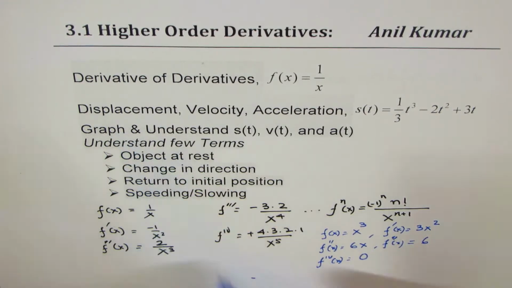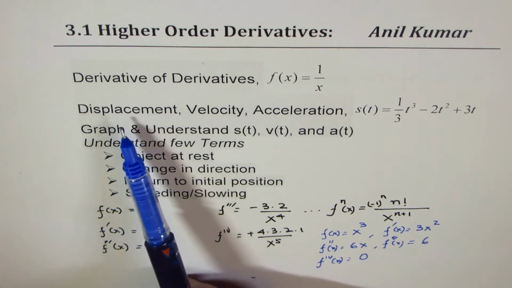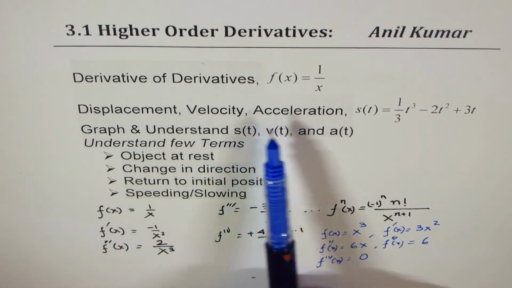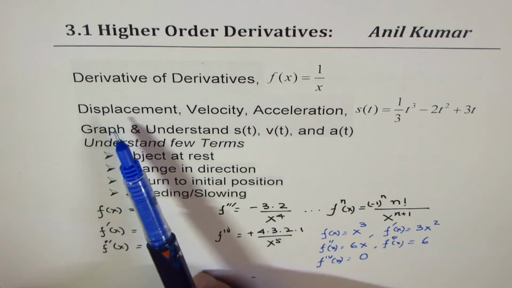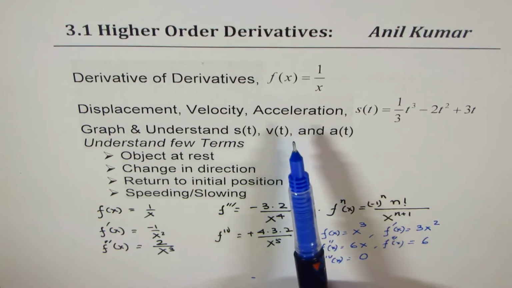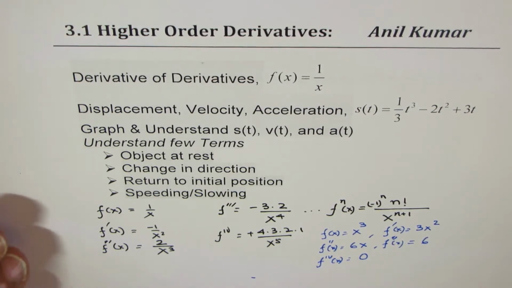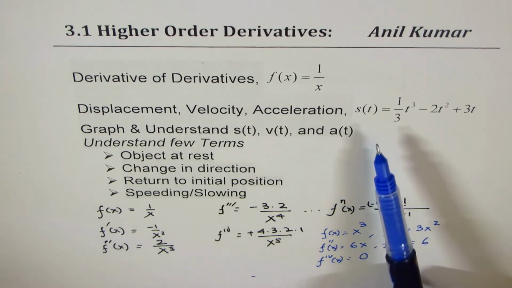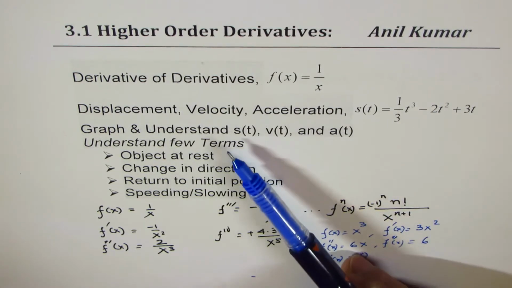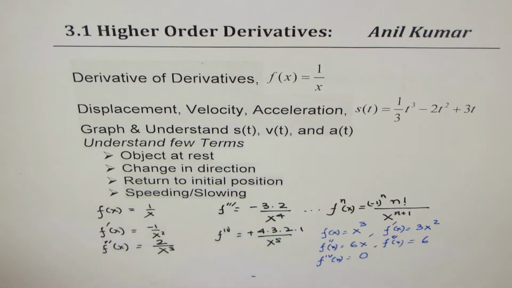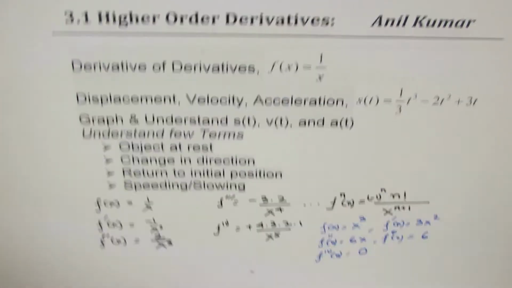Perfect. Now with that in mind, let's continue and explore a few applications. One of the major applications is definitely talking about displacement, velocity and acceleration. To describe the scenario, I've taken a very simple example. Simple in the sense that we can easily factor the function itself and its derivatives, right? So let's move on. While finding the derivative of this function, we'll also talk about all these topics mentioned here.